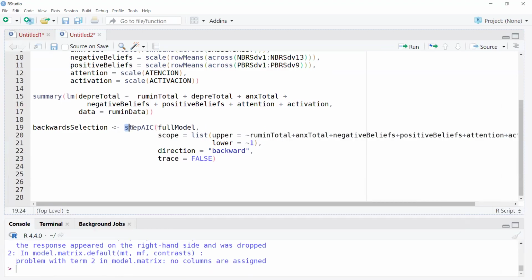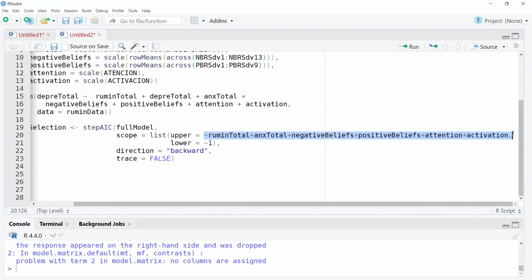So in here, this is the function step AIC, right? And what I do is provide a full model. And then I tell the function, hey, this is my full model, my big model. And here I'm specifying the worst model that I want. So it's like going from the top to the bottom. I'm creating a big tree, and then I'm trimming the tree a little bit.